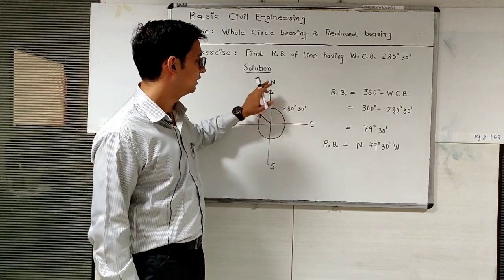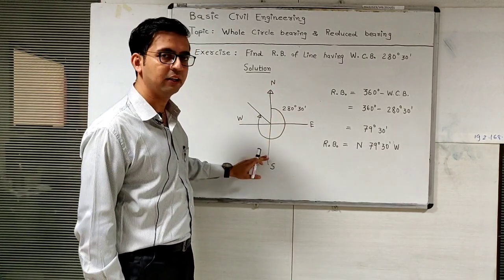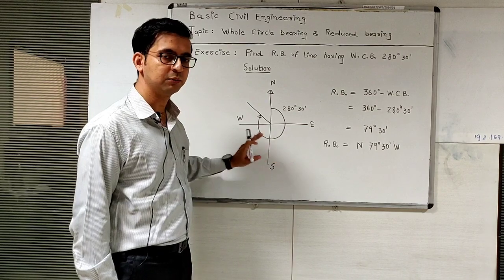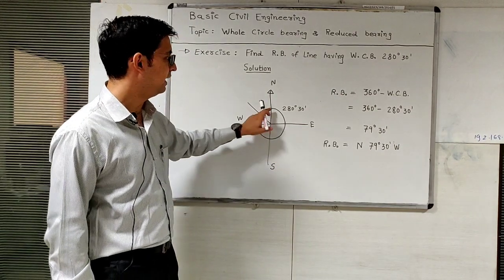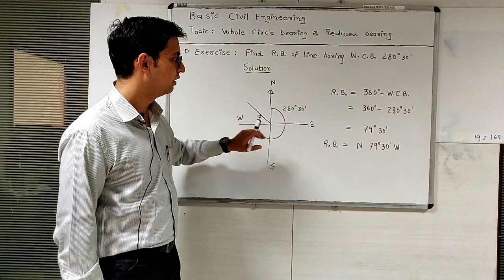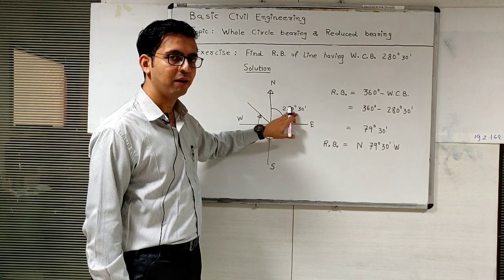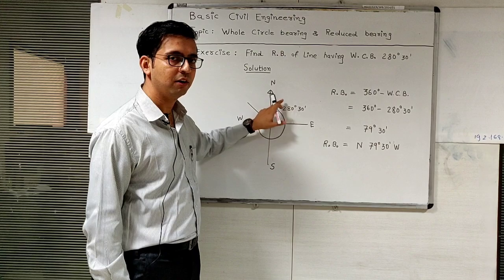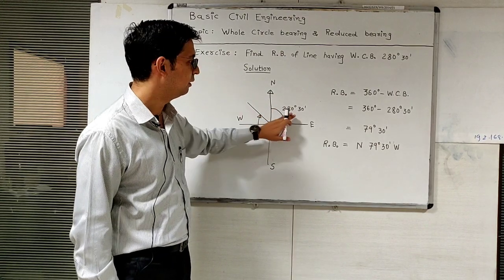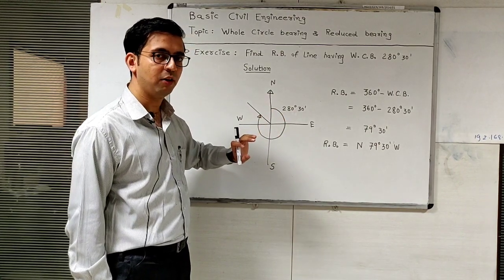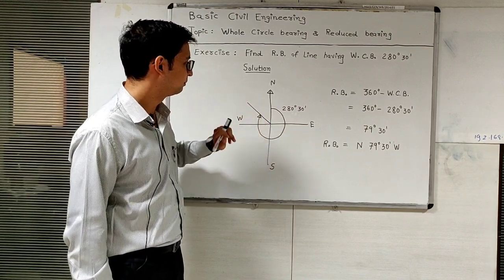So let's first draw magnetic north pole, south pole, east pole and west pole, and indicate this whole circle bearing. Whole circle bearing means bearing of a line measured from magnetic north pole in clockwise direction. This will be the whole circle bearing of this line.